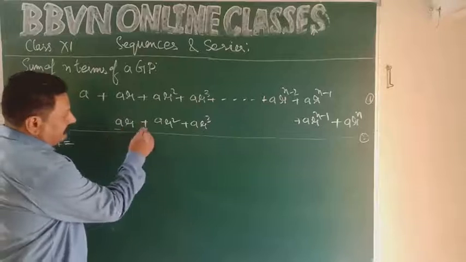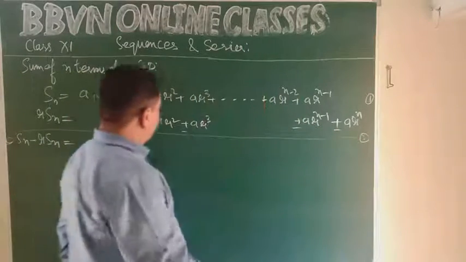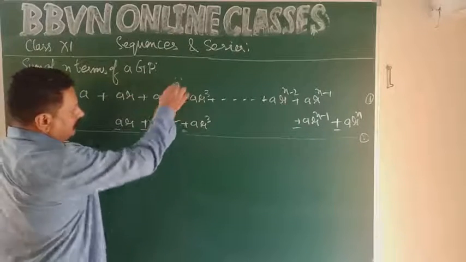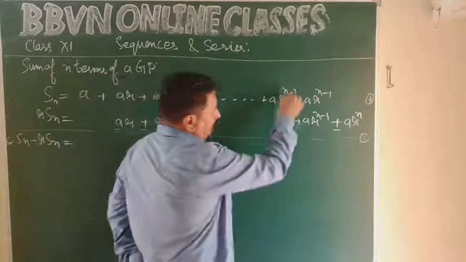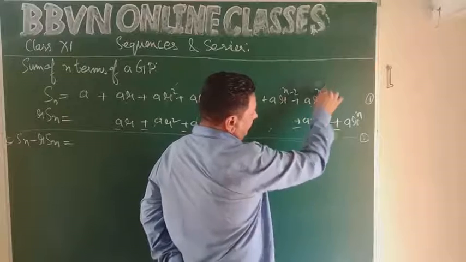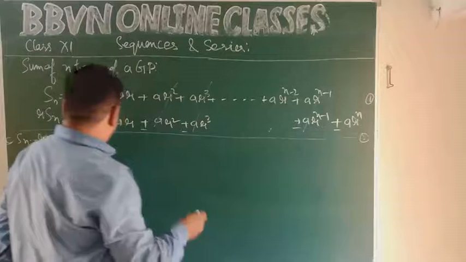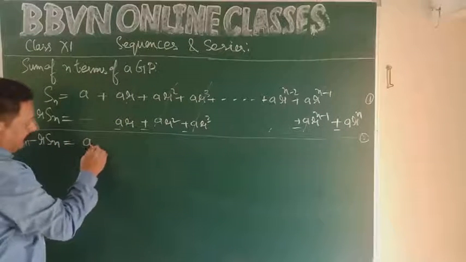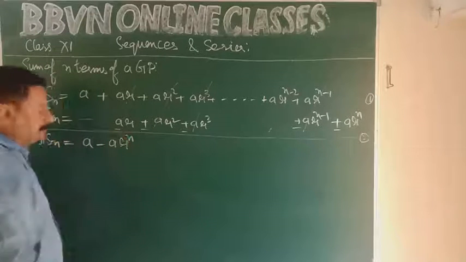On subtraction the sign changes. So what happened? ar minus ar cancels. ar square minus ar square cancels. ar cube minus ar cube cancels. The one before this cancels. ar power n minus 1 and minus ar power n minus 1 cancel. What is left? Minus ar power n. And here there is nothing, blank. So a minus 0 is a, and in the end what is left is minus ar power n.